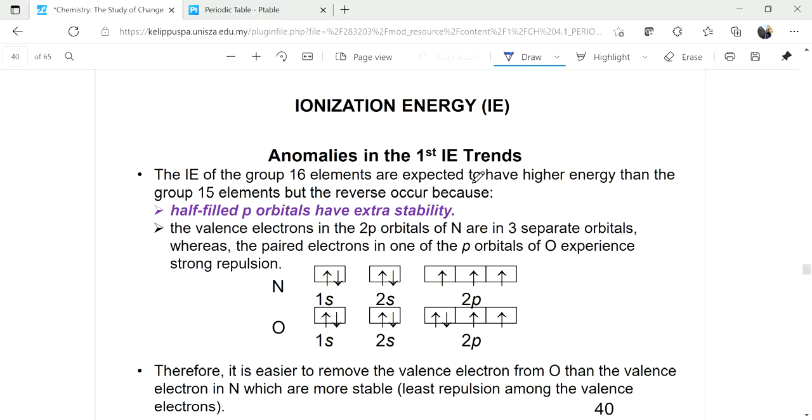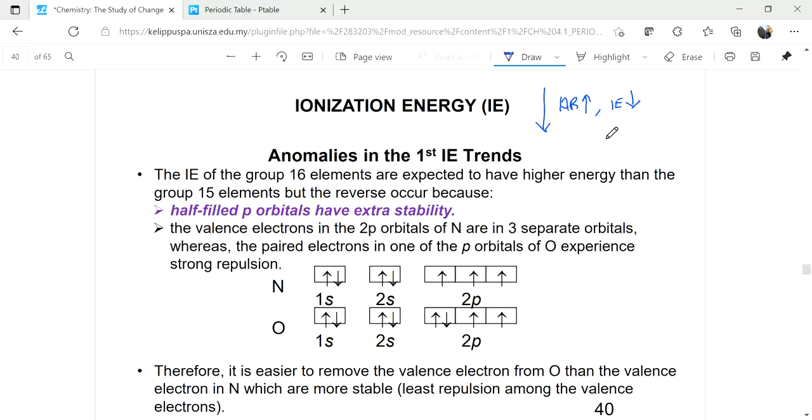It also happens with nitrogen and oxygen. The general trend going down the group is that the atomic radius increases, and when the atomic radius increases, ionization energy decreases.